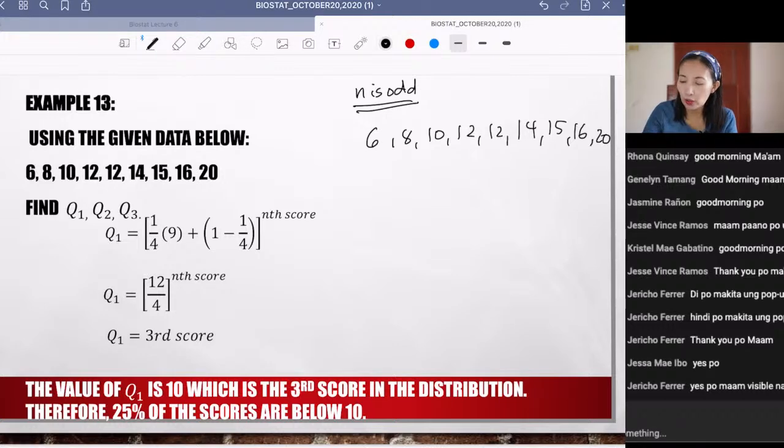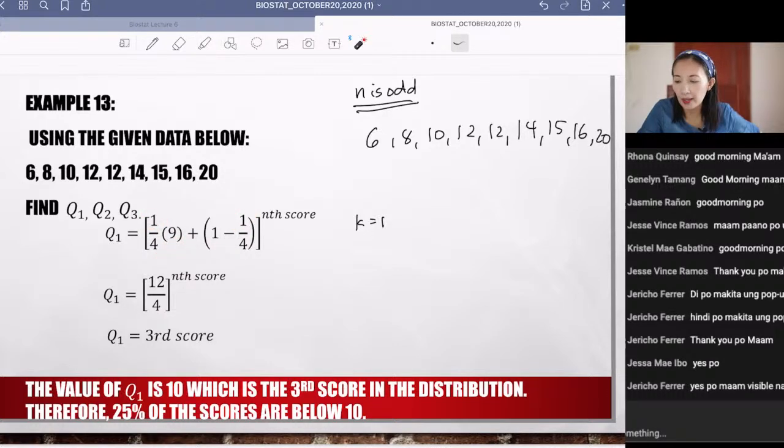So to find Q1, we apply this formula. K equal to 1. So simply replace this k with 1 over 4, and the number of observations is 9, plus 1 minus k, 1 over 4.